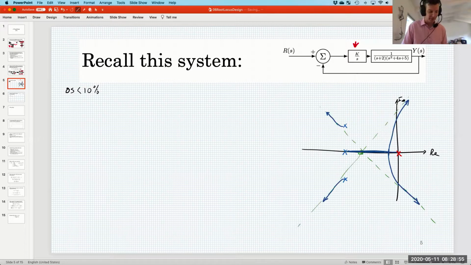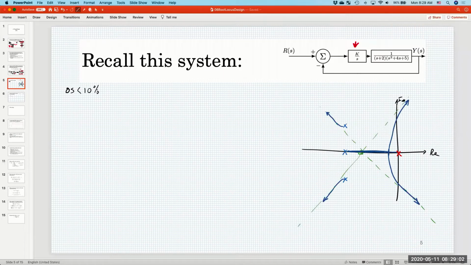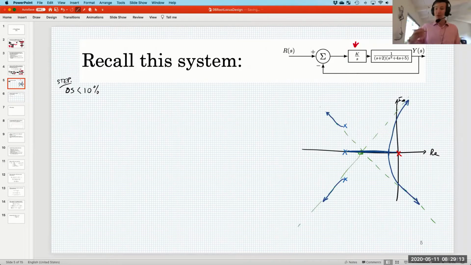Anything else? Any other suggestions? In response to a step, it has to have a steady state value of 5, whatever unit. Okay, so if a unit step comes in, we want something with 5 of those units out? Yep.